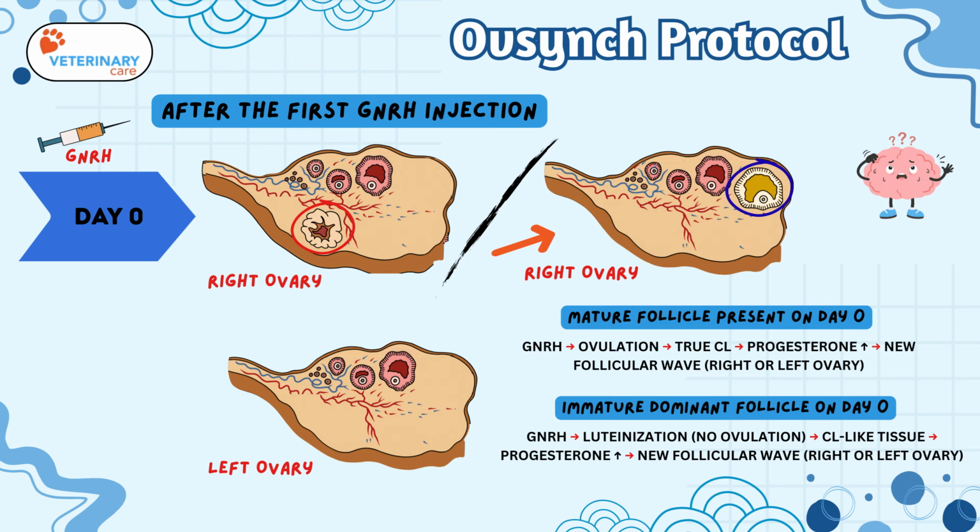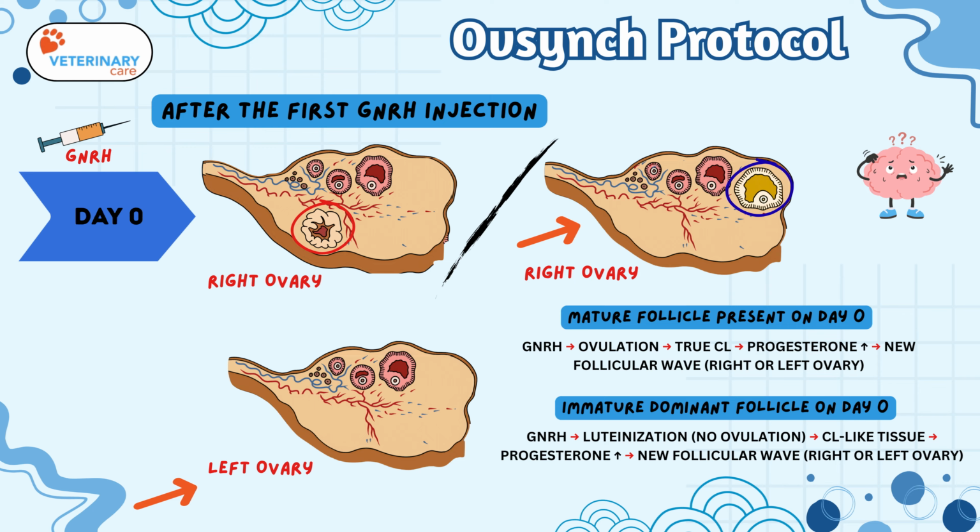As a result, corpus luteum-like tissue was formed, and it also started producing progesterone. In this case, ovulation did not occur, but because progesterone production began, a new follicular wave was still initiated on day 0. This new wave may start either in the same right ovary or in the left ovary, as shown in the diagram.